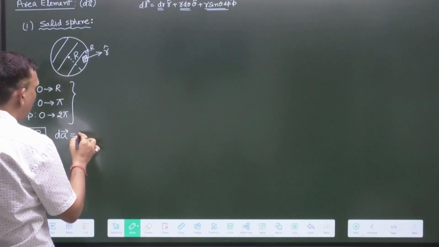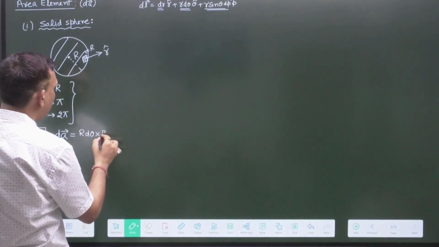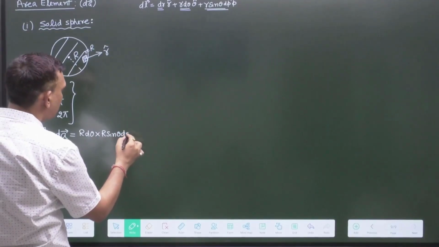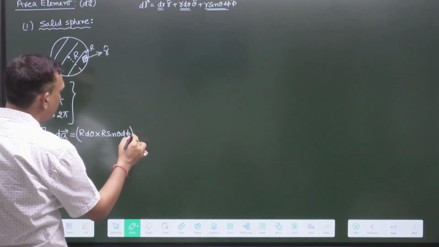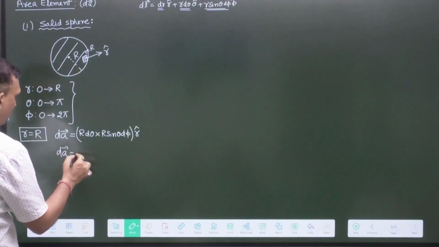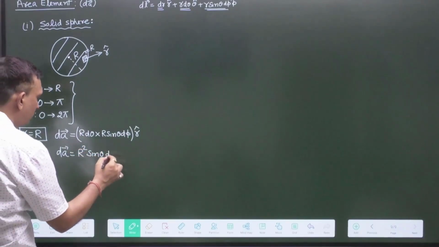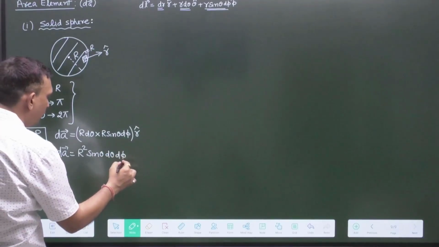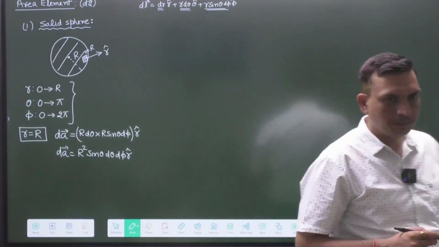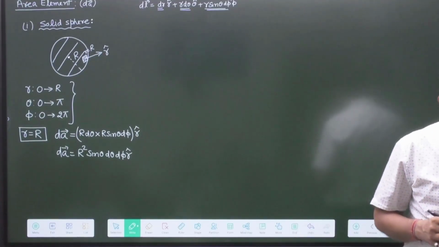One will be r d theta, another will be r sin theta d phi, and direction will be r cap. So dA is r square sin theta d theta d phi. This is dA over the surface of a sphere. ठीक है?